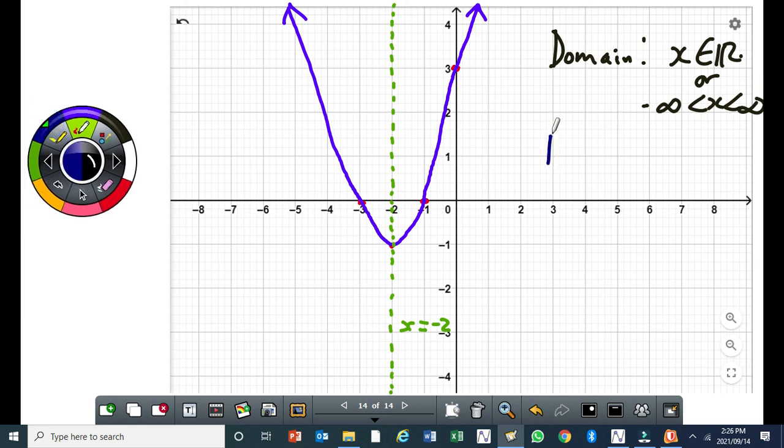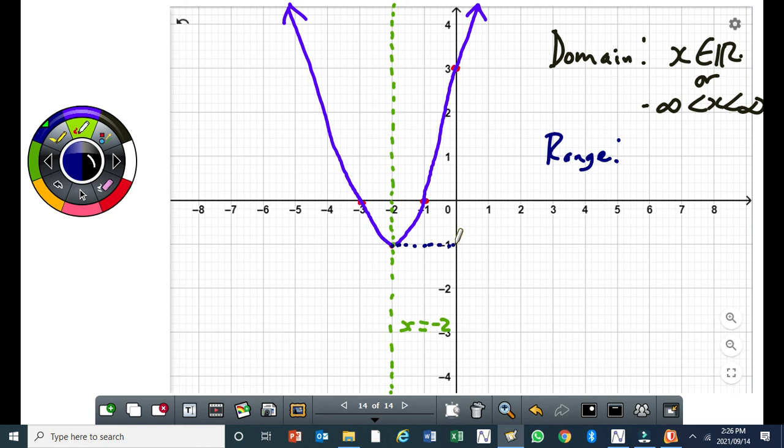Then the range. Now your range, the way that you used to write it in grade 10 is exactly the same. You identify the value of y at the turning point. So the value of y at the turning point is -1. So the minimum value of y is -1. The maximum is positive infinity.